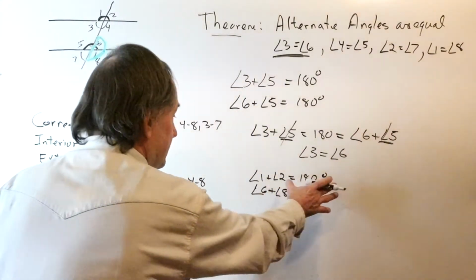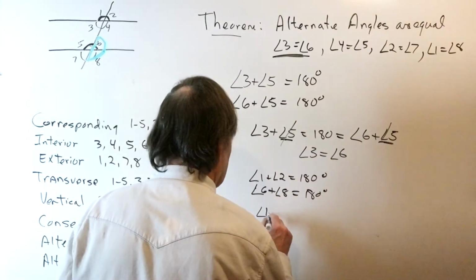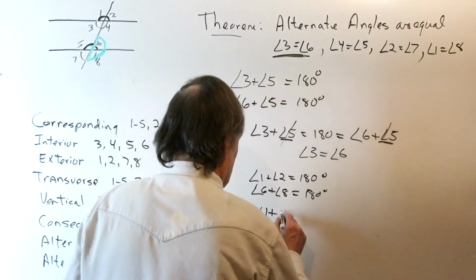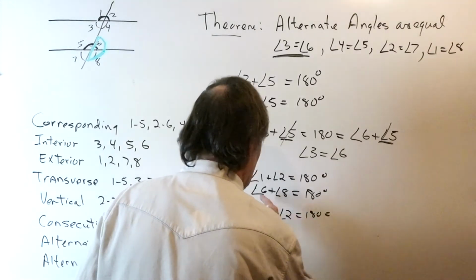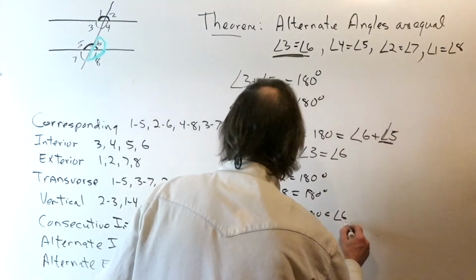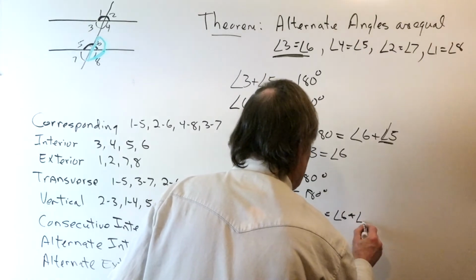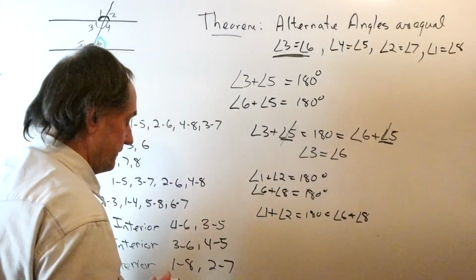Now we can equate these two again, like we did. The measure of angle 1 plus the measure of angle 2 is 180, which is also the measure of angle 6 plus the measure of angle 8.